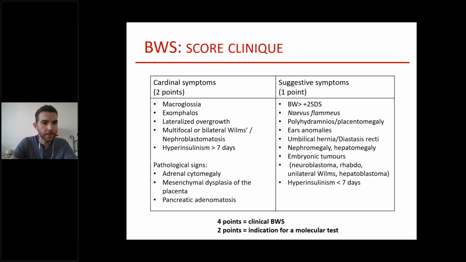The first one is about the clinical definition of BWS. So we proposed a new clinical scoring system defining some cardinal symptoms that are the most prevalent and the most specific symptoms. And they are represented by macroglossia, exomphalos, lateralized overgrowth, Wilms tumor if they are multifocal or bilateral, and hyperinsulinism that lasts more than 7 days.